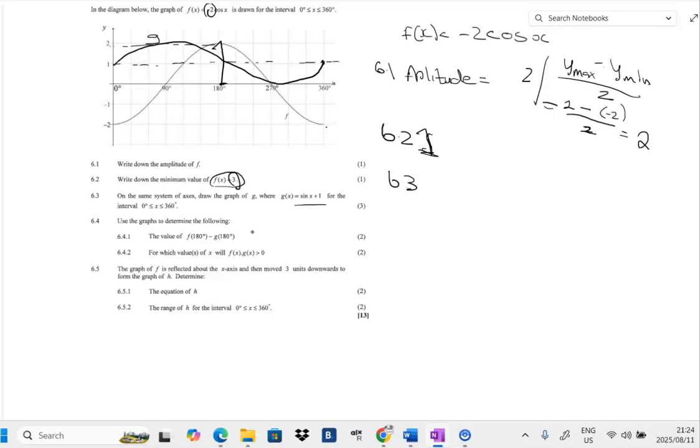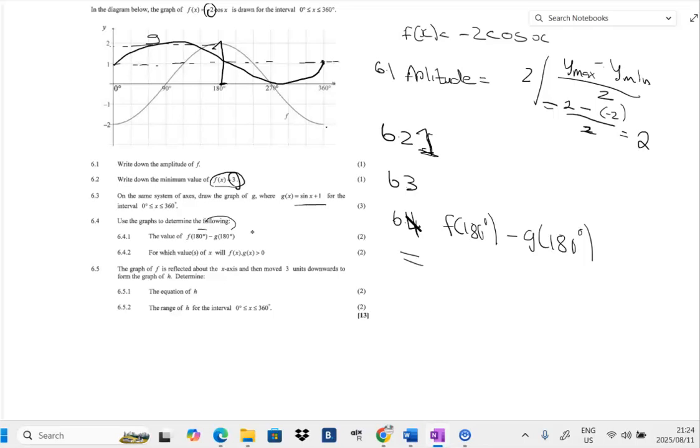Now they say use the graph to determine the following. 6.4. What is the value of f of 180 degrees minus g of 180 degrees?